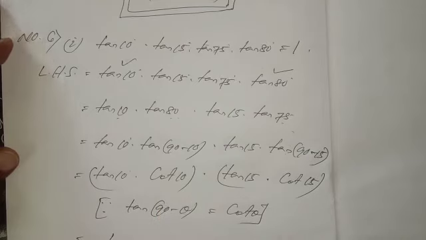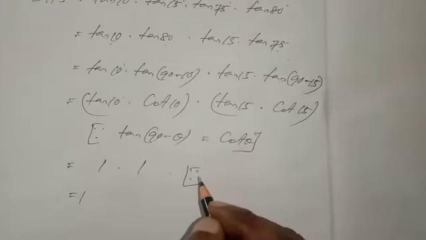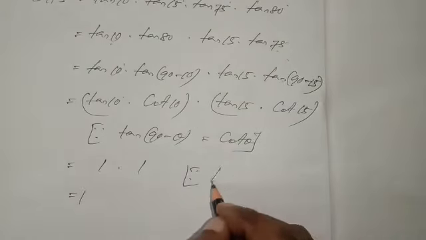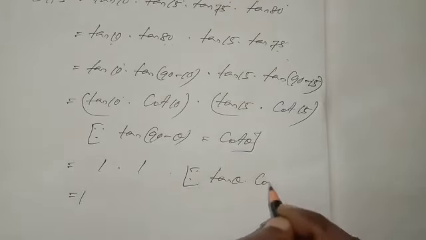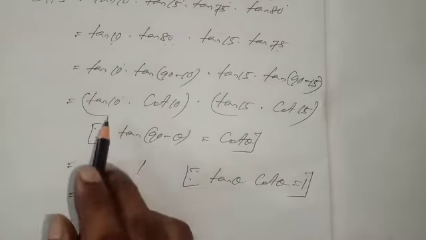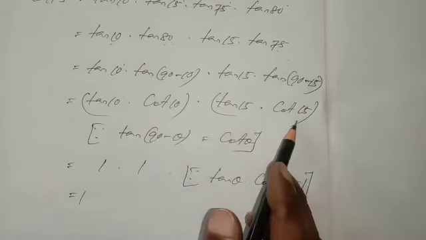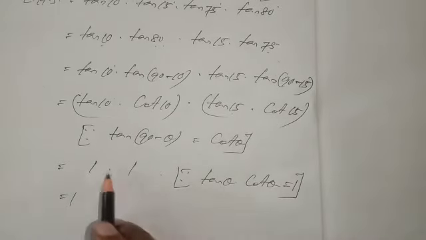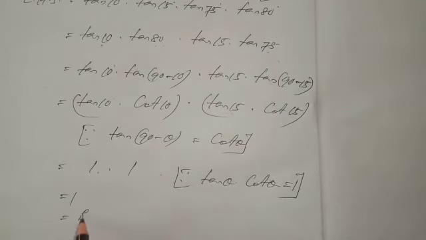The formula I applied here: by the reciprocal theorem of trigonometrical ratio, tan theta into cot theta is 1. Therefore, tan 10 into cot 10 is 1, tan 15 into cot 15 is also 1, and 1 into 1 is 1, which is equal to the right hand side. In this way, the first part of number 6 is completed.